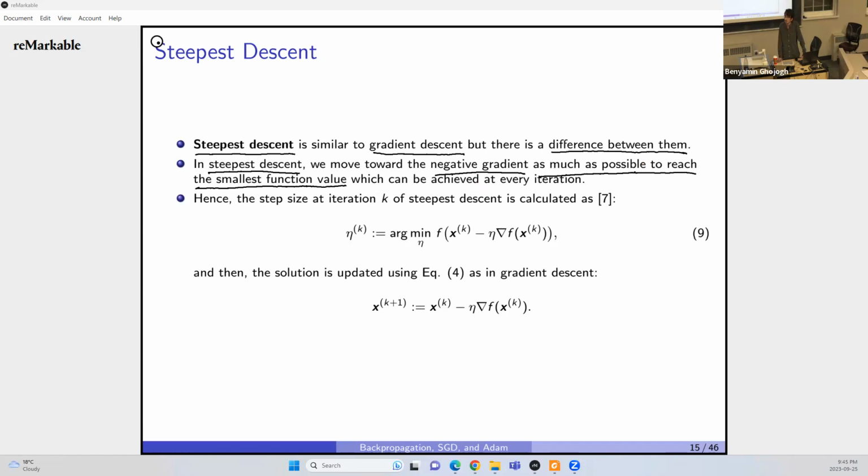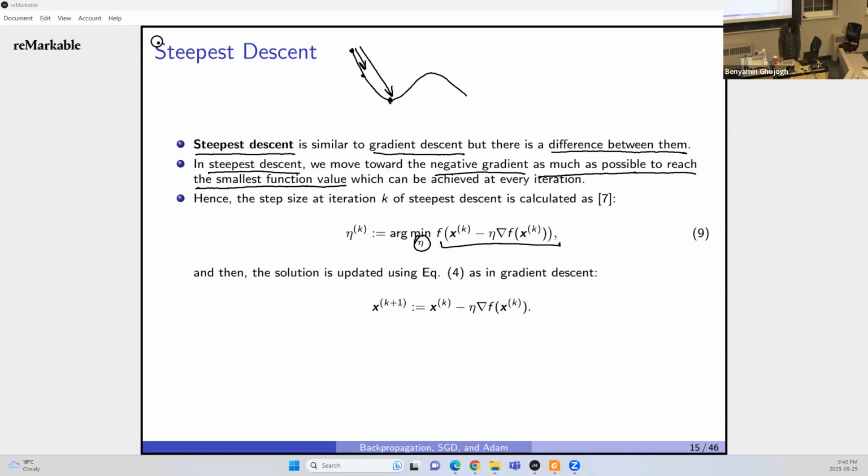What do I mean? If I want to depict that, gradient descent, for example, goes like this. A steepest descent goes like this. Okay? The steepest that it can go. So, argmin with which eta this becomes minimal.